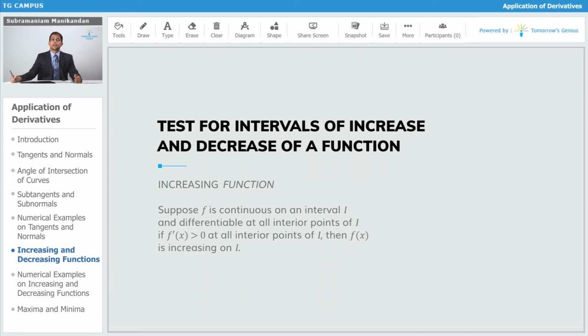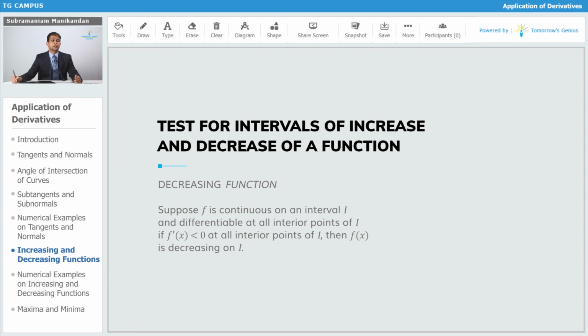Suppose f is continuous on an interval I and differentiable at all interior points on that interval I. If the derivative of the function is positive for all interior points in that interval, then the function is said to be an increasing function on that interval.